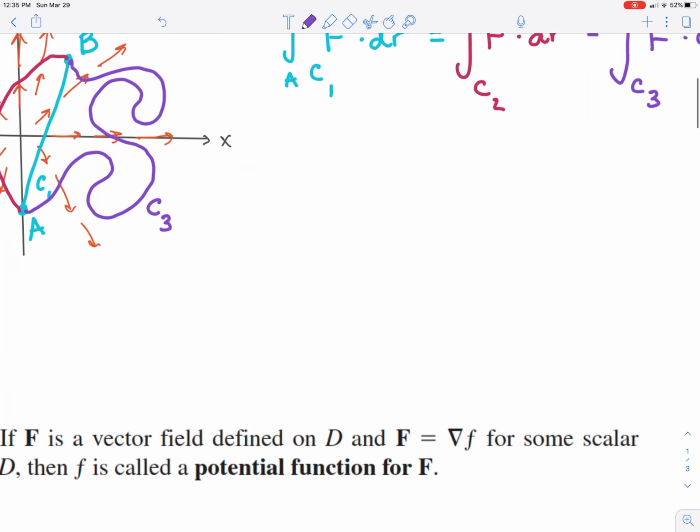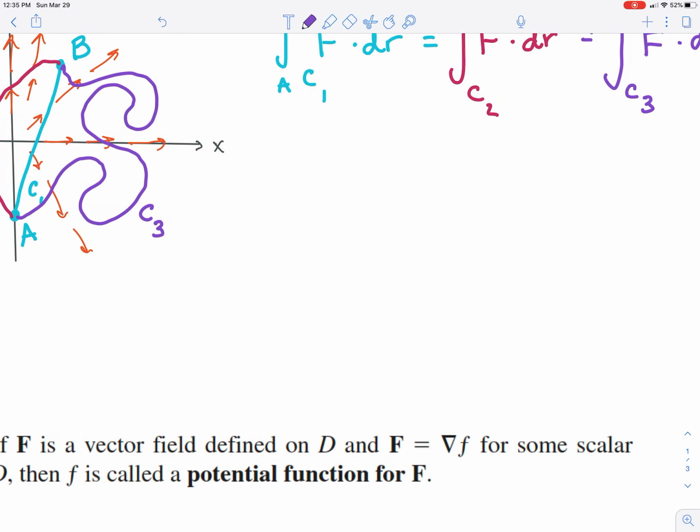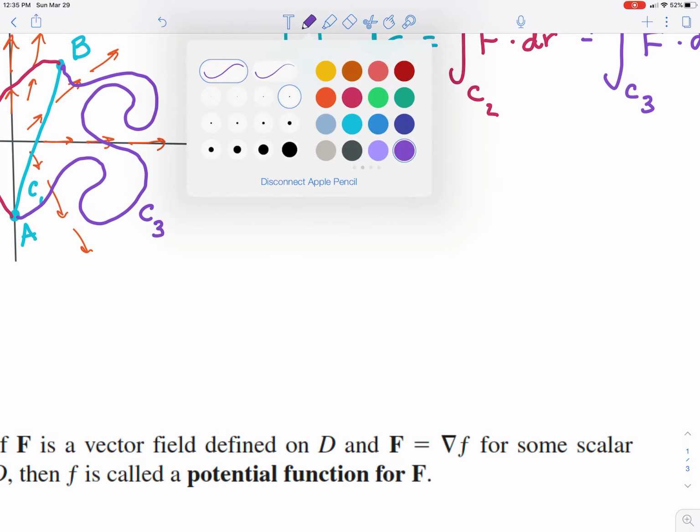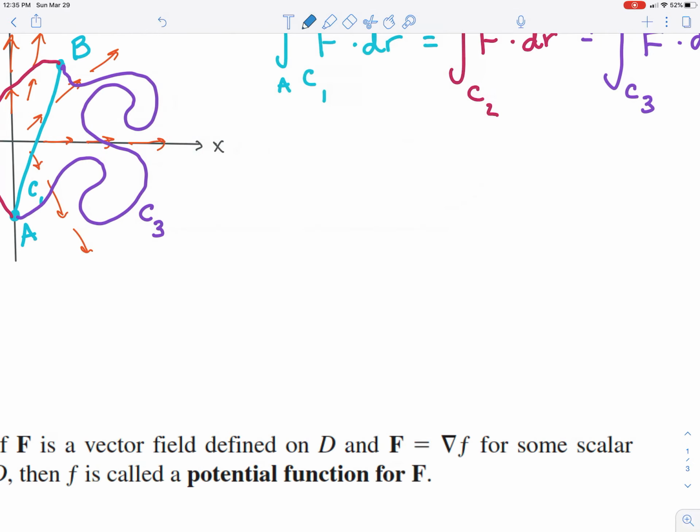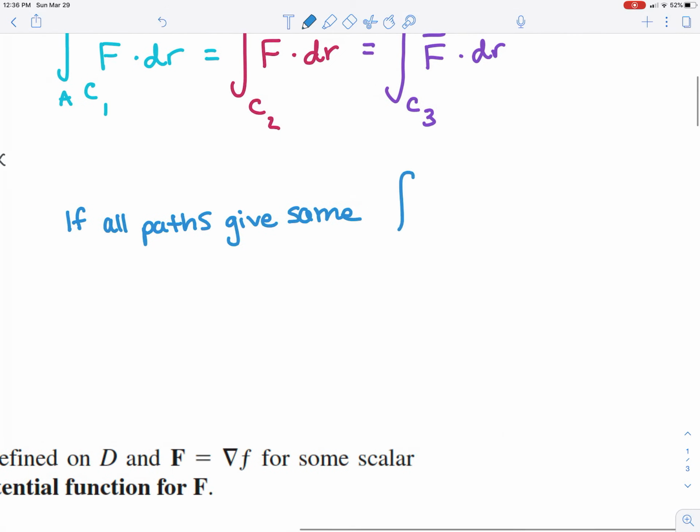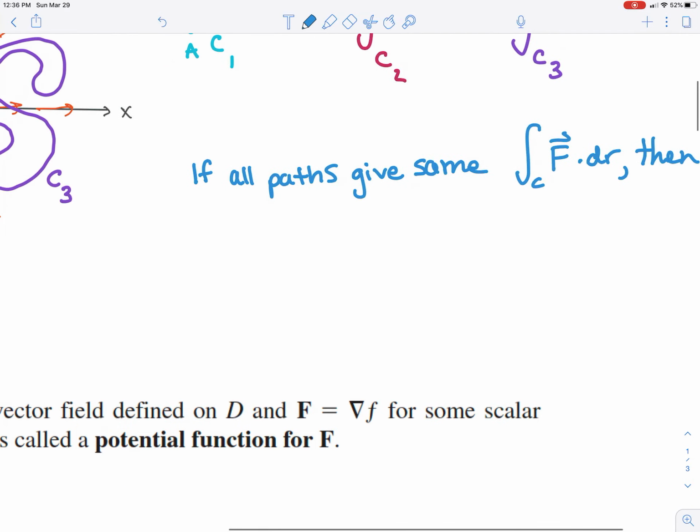So if all paths, let me write this out, give the same line integral, then the vector field is conservative.